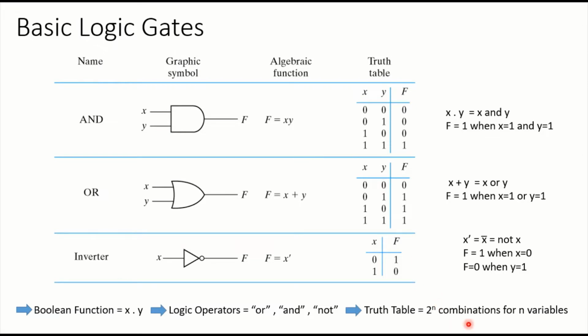Now according to this formula, 2 to the power n combinations for n variables. Here the number of variables is 2, so 2 to the power 2 equals 4. It means we can have 4 possible combinations for 2 inputs.